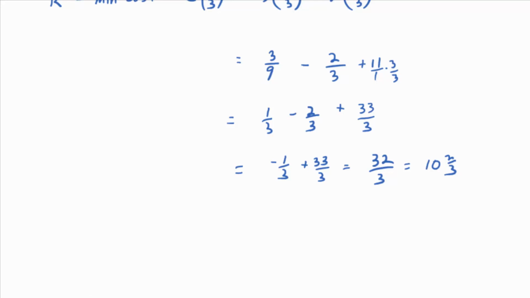So this is about $10.67 if you round to the nearest cent. We'll just keep it there because we're not told how to round this. We don't know what the widget really is, so I'll just leave it there.